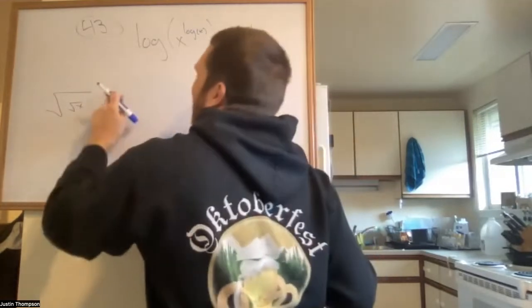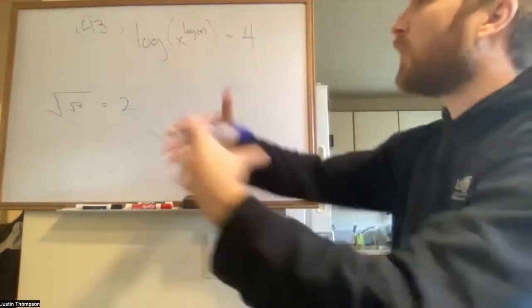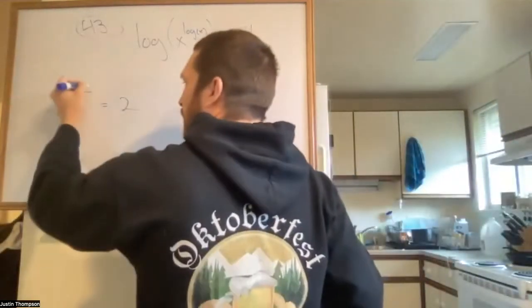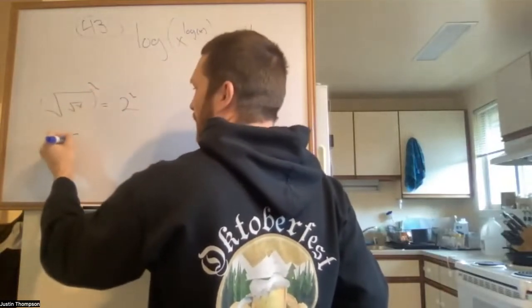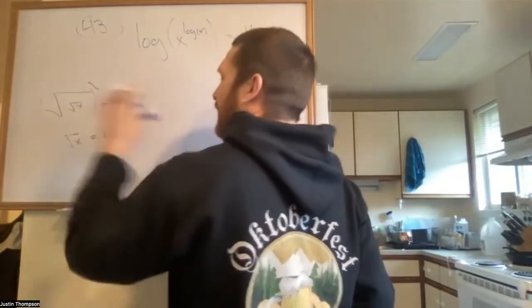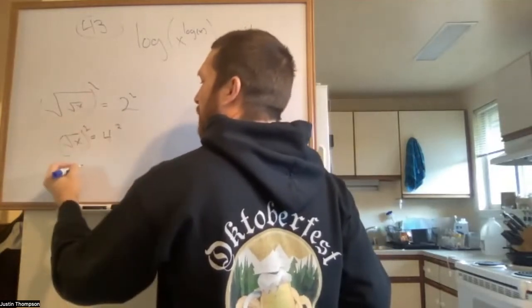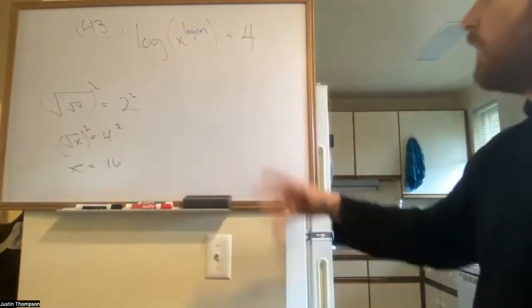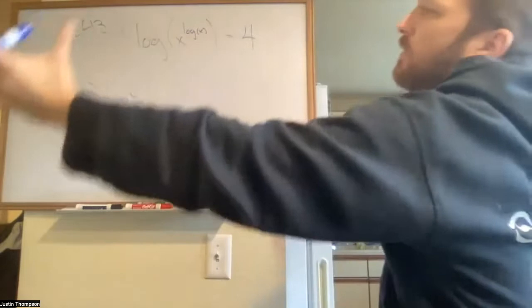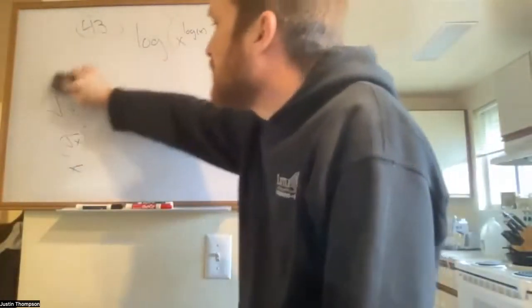I'm sorry, if that equals 2, I would say, okay, well, we square both sides to undo the square root, and now we have this equals 4, and then I'd square again, right? And so my instinct is to do the same kind of thing here, to undo the outermost thing. So let's just see what happens when I do that.